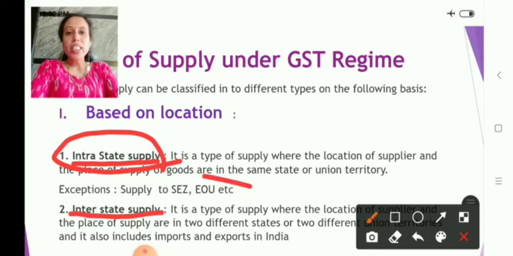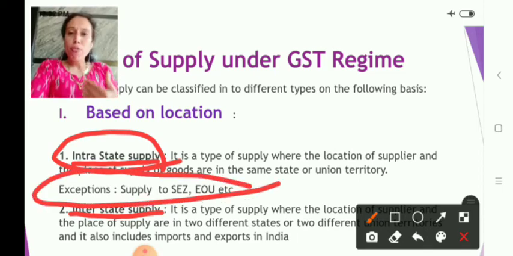So it is considered as intrastate supply. But there is one exception. What is the exception? If you supply the goods to an SEZ, a Special Economic Zone, or EOUs, Export Oriented Units, or FTZ, even though they are situated within the state, it is not considered as intrastate supply.